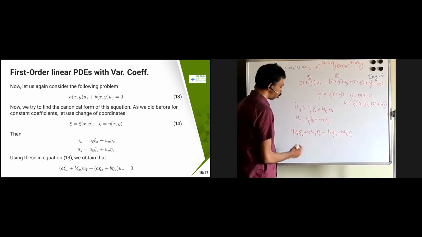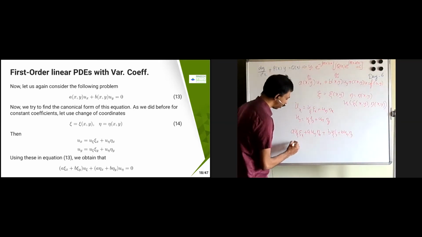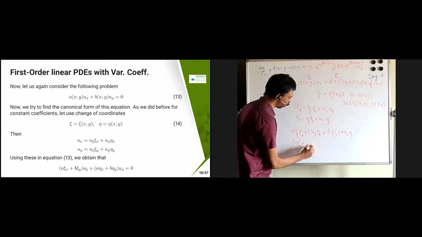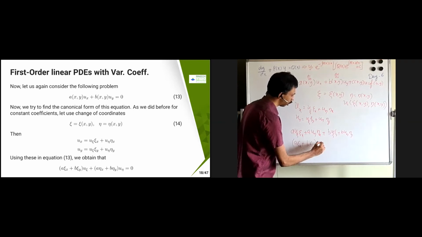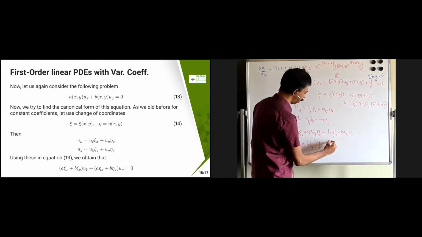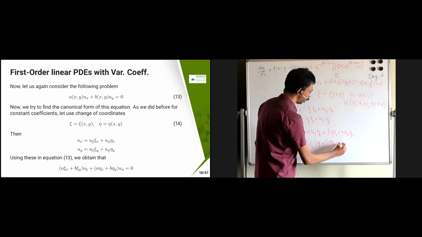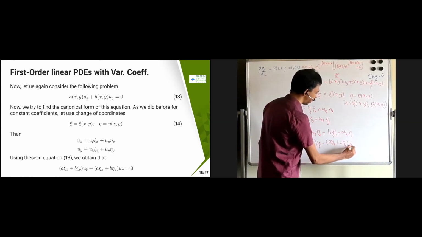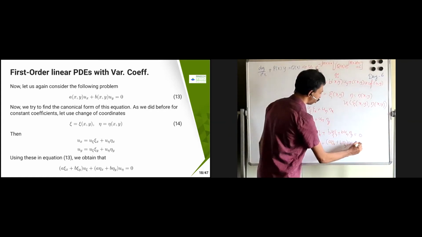Now just take u_chi common, then this will become a chi_x plus b chi_y into u_chi, plus a eta_x plus b eta_y into u_eta. This is 0, this is 0.